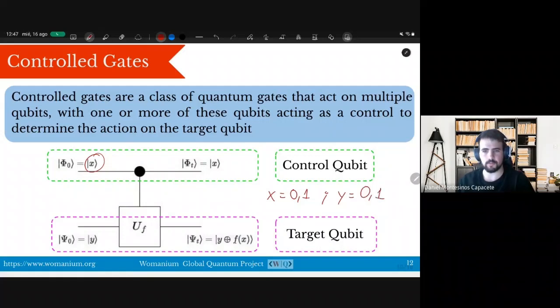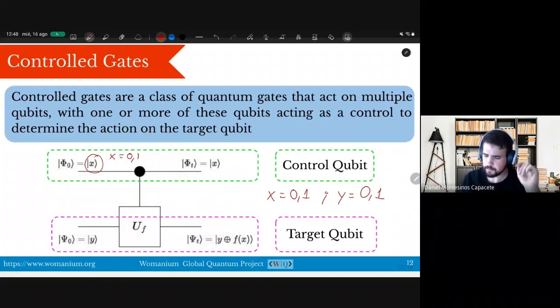In order to do it for the general case, instead of writing every single case for 0 and 1, I just write x and j, and they can either be 0 or 1. So that's a general case, right? Very well. Depending on whether this vector is 0 or 1, it's going to be doing a different operation here. That's the idea.